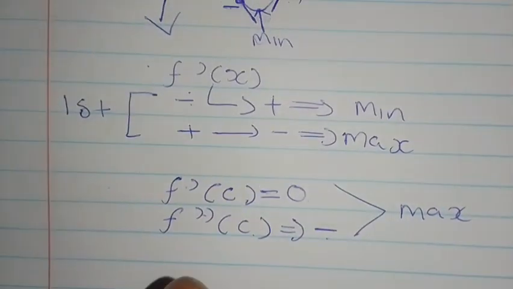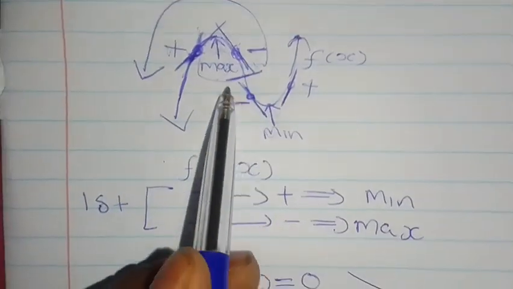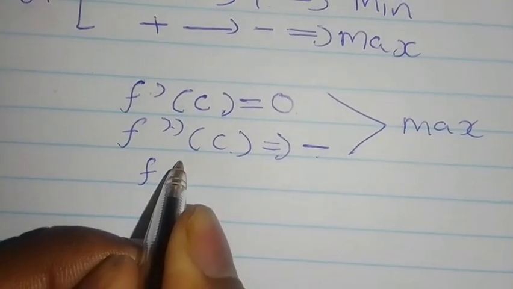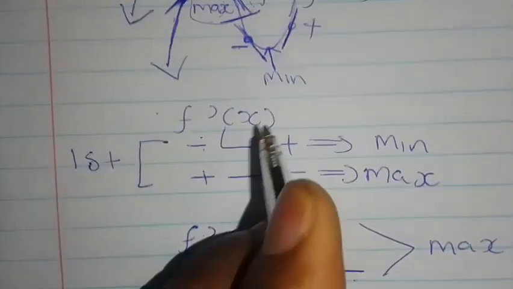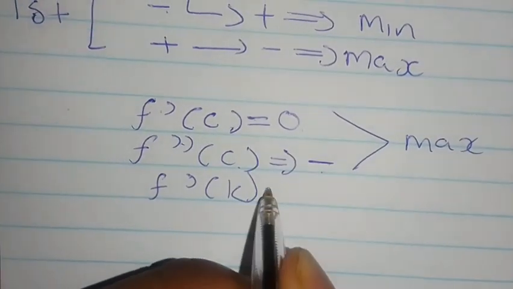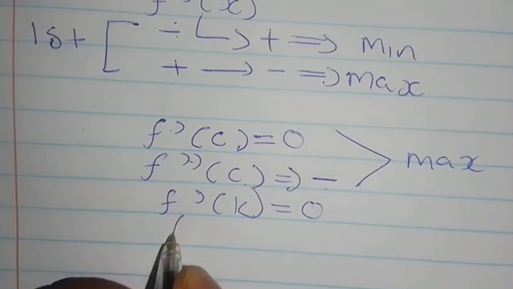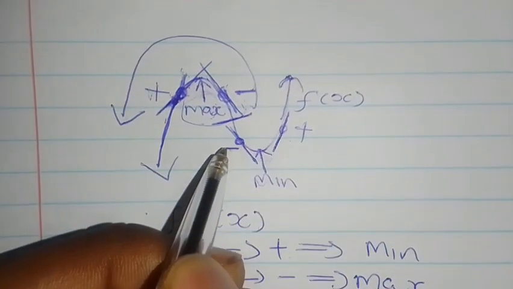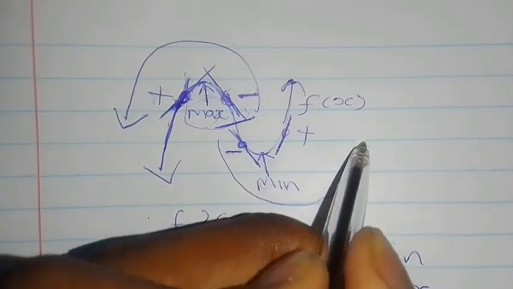That's the second derivative test. Now look at this part. Suppose that f prime at k, let the x value here be k, equals 0 for the turning point. And now for the second derivative at k, you realize that here the graph slope faces up.